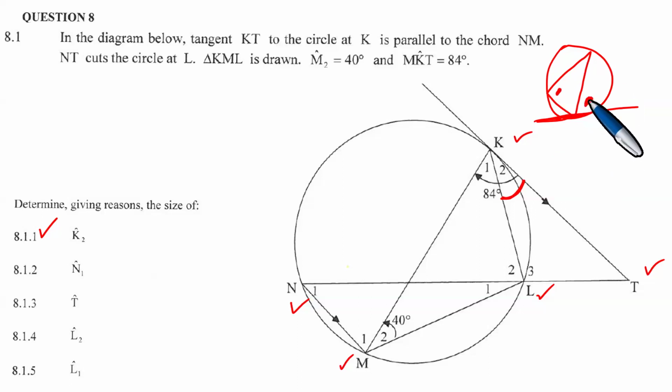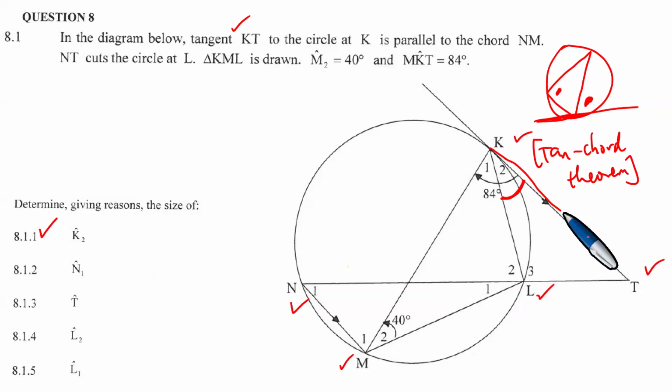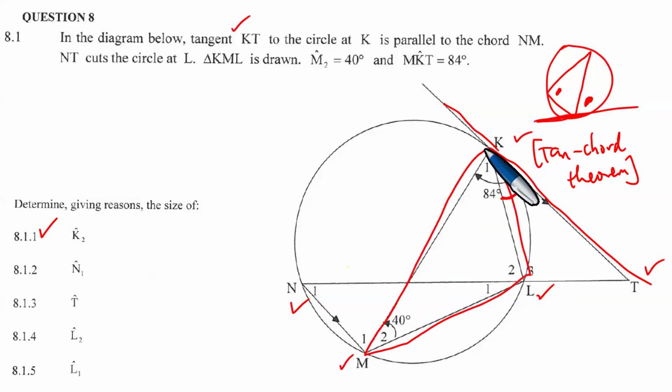So this angle here is equal to this angle here, and because there's a tangent and a chord, it is called the tan chord theorem. There's a tangent KT like this, and this angle that sits here is equal to the angle that sits there.